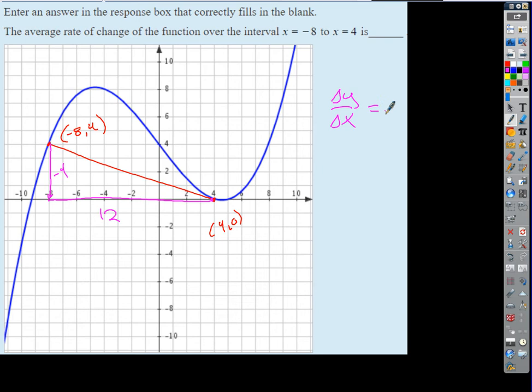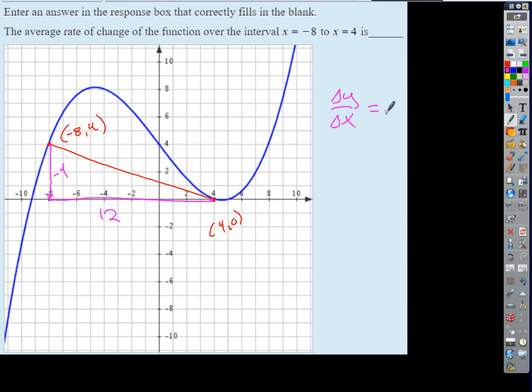Well, in terms of a function, what is delta y? Those sound like coordinates though, right? If we're talking about a function, that's just the change in the output. So it's always going to be the final output minus the initial output. Does that make sense? Okay.